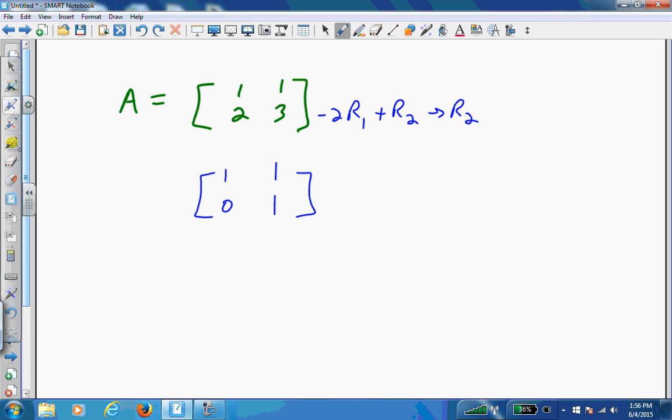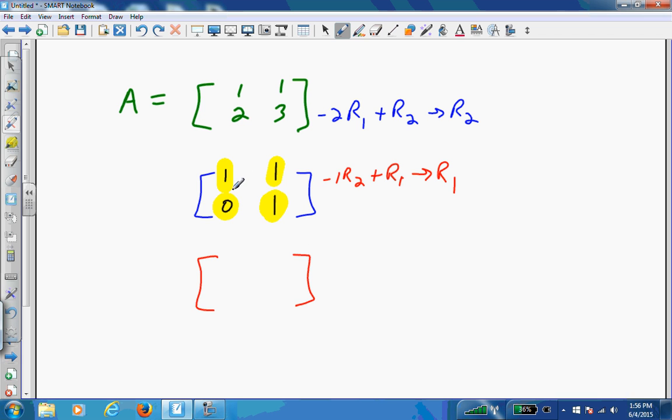Well, that's handy because we have a 1, a 0 underneath it. We need a 1 here where we have it. So now we need a 0 here. So to get a 0 here, we need to take 1 away. So we're going to do the opposite of row 2 plus row 1 to give us our new row 1.